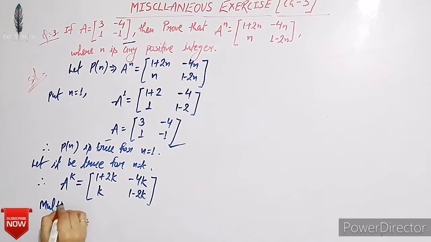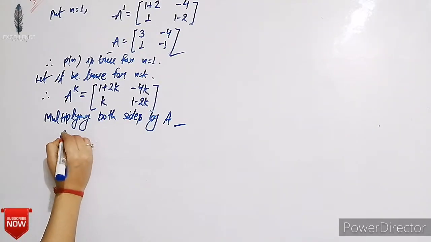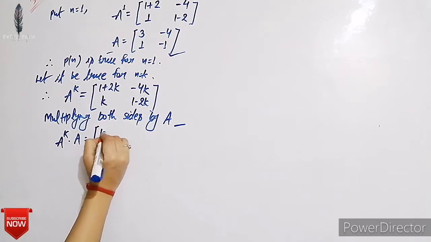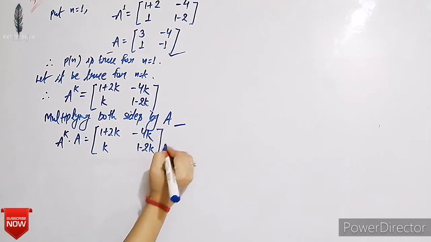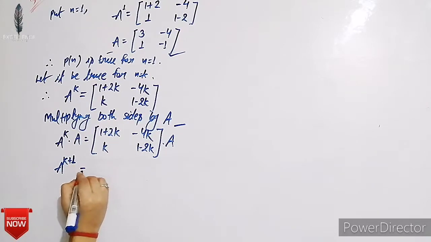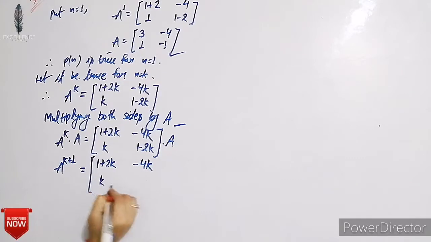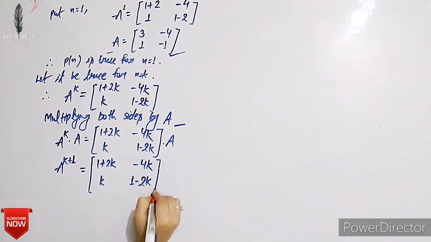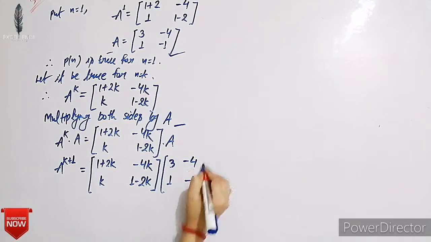Now multiplying both sides by A to prove the k plus 1 form, we get A raised to k into A is equal to [1 plus 2k, minus 4k; k, 1 minus 2k] multiplied by A. Now the LHS is A raised to k plus 1, and the value of A is [3, minus 4; 1, minus 1].